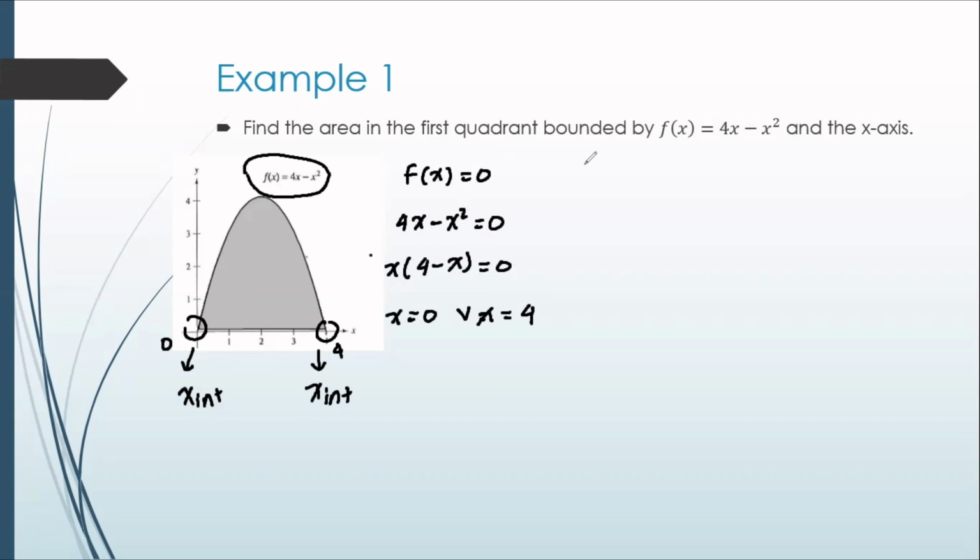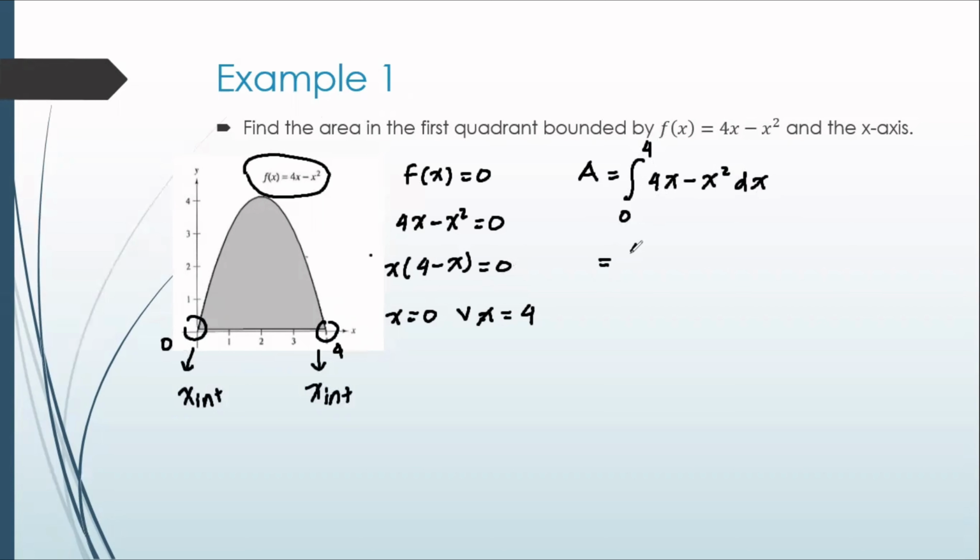So that the area is equal to the integral bounded by the two x-values, which are 0 and 4. So 0 until 4, (4x minus x squared) dx. It means the integral of this function with respect to x.